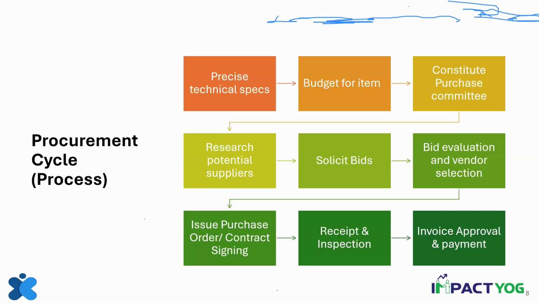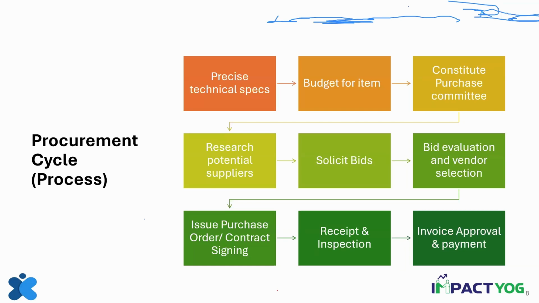The procurement starts with the technical specifications. The technical specifications are based on the need, based on what we require. For that we have to be very clear about the kind of product, the kind of services, the kind of goods, assets that we want.